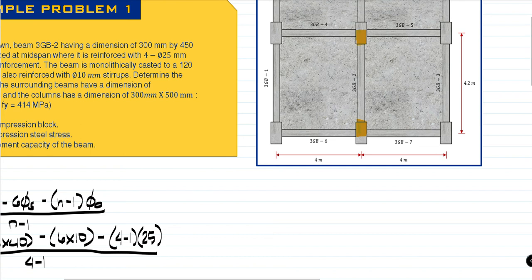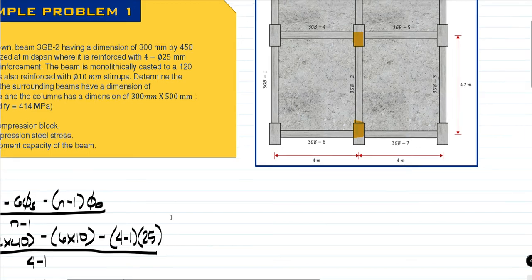So, syempre, mag-iiba yung analysis niyan kung ang nangyari, humiga to ng paganyan. So, since nakatayo naman siya ng orientation na paganito, ang ibabawas lang natin will be yung 500 mm divided by 2 at 500 mm divided by 2 sa kabila. So, syempre, that is still 500.